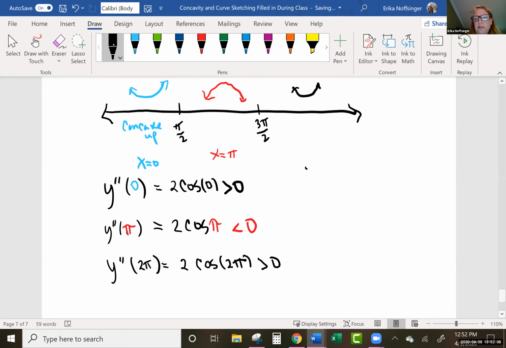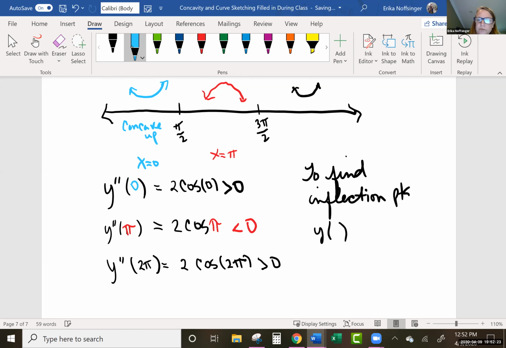And so to find inflection points, you're looking at y of pi halves and y of 3 pi halves.